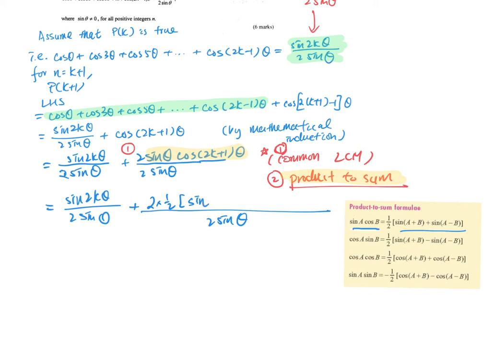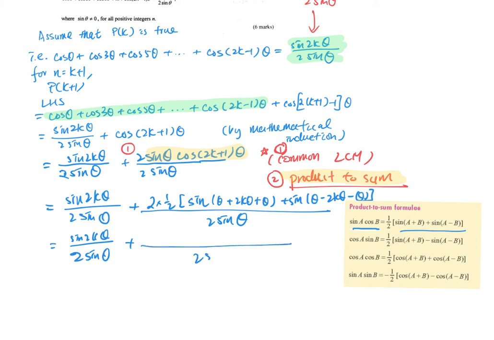So it is sine (theta plus 2k theta plus theta), plus sine (theta minus 2k theta minus theta). Then we simplify, and we get sine (2k plus 2) theta, so sine 2 times (k plus 1) theta.